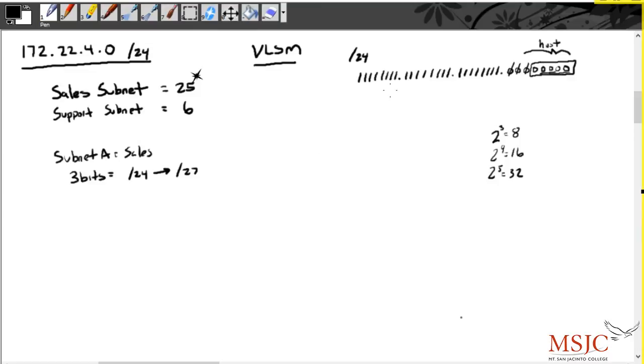We know that our new mask will be 255.255.255, and we can of course convert this last octet to decimal, and that would be 224. So our new subnet mask will be 255.255.255.224.